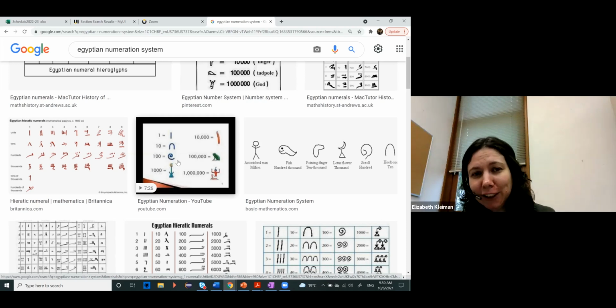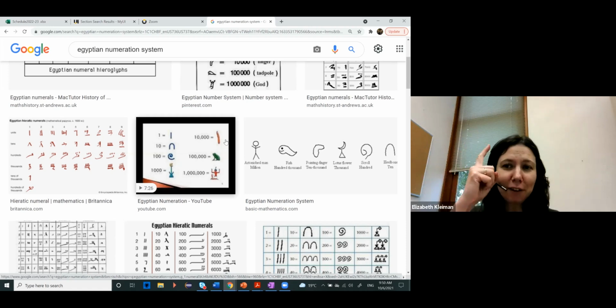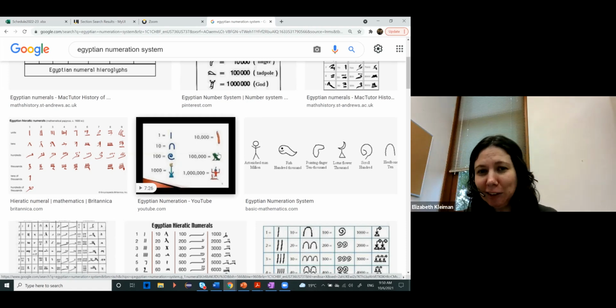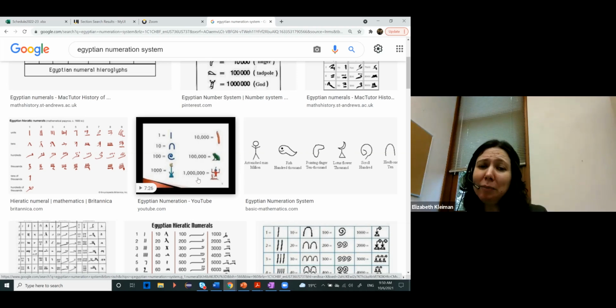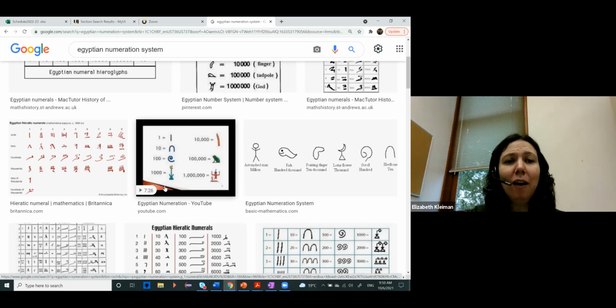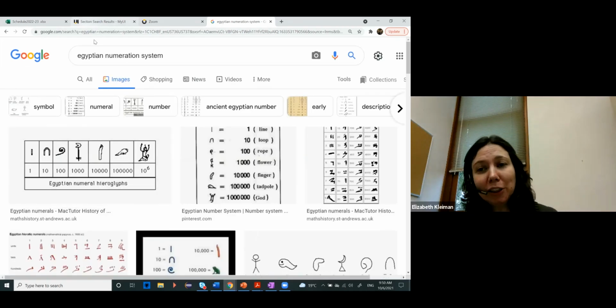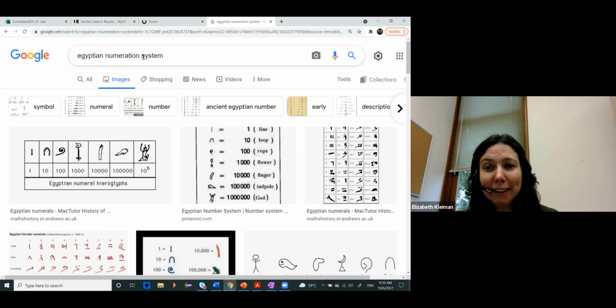This little roundy is 100. A flower is 1,000. A finger is 10,000. A frog is 100,000. And then there is an Egyptian person in a specific form, which is going to be a million. Now, this enumeration system is antique.